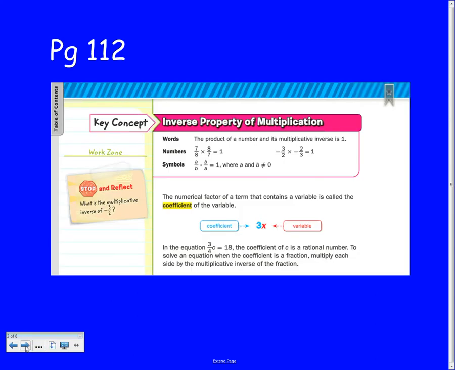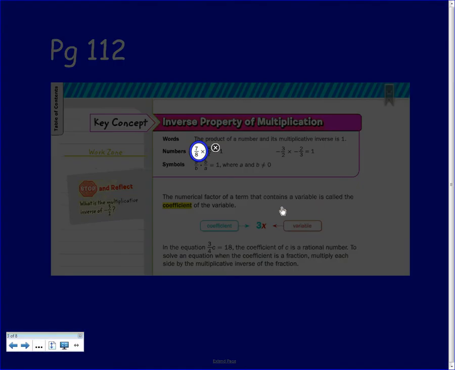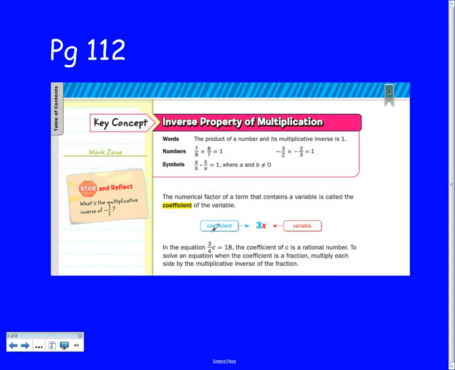Okay, on page 112 of your book, there is the key concept, and it's the inverse property of multiplication. This is important because when you have a rational number, for example, 7/8, the main thing is the coefficient is the number in front of the x or in front of that variable.